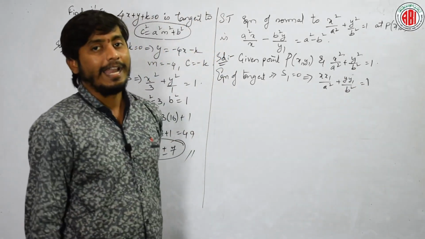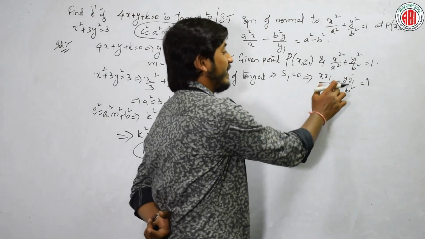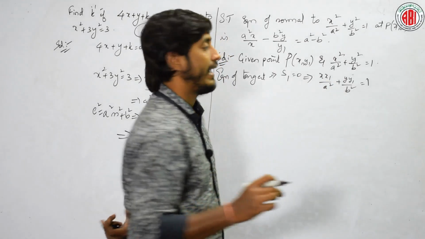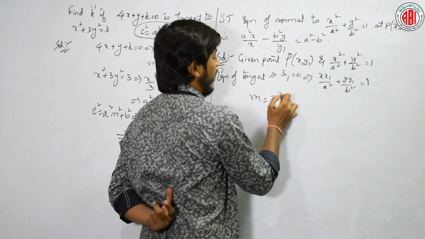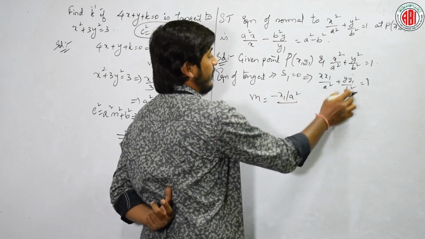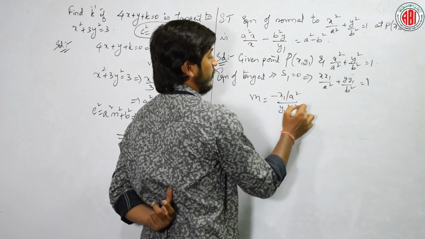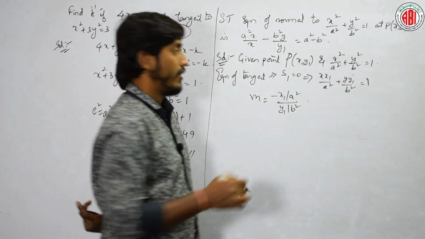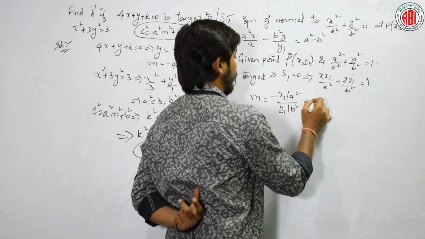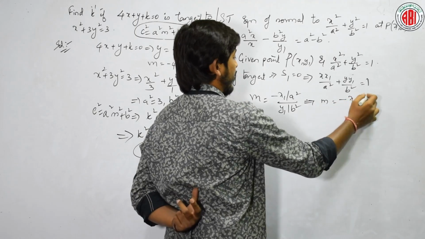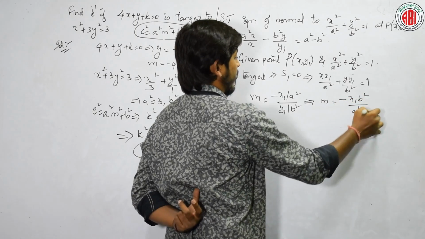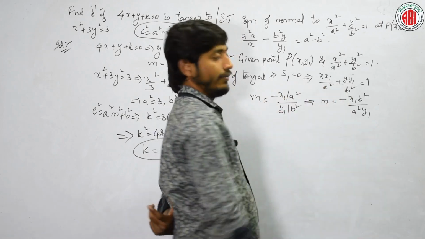Is it? Now tell me, what is the slope for this equation? Slope is minus x coefficient by y coefficient. Is it? So, let us write it. M is equal to minus x1 b square by a square y1.